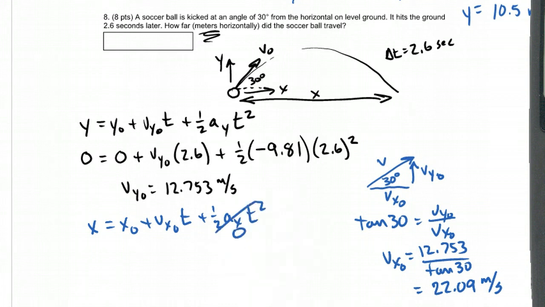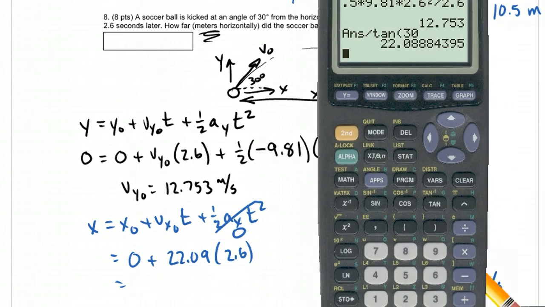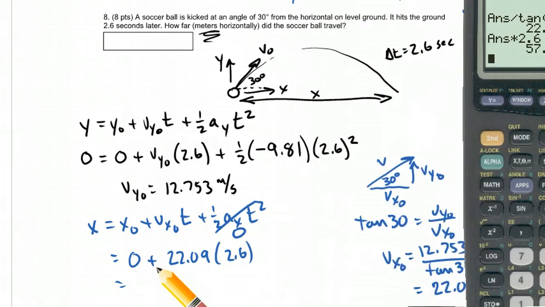The acceleration is 0 for ignoring air resistance. So this is just going to be 0 plus 22.09 times 2.6, or 57.4 meters.